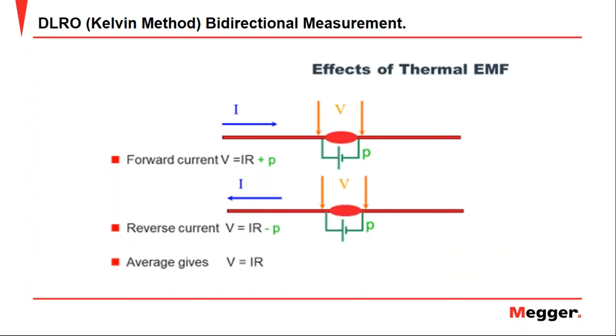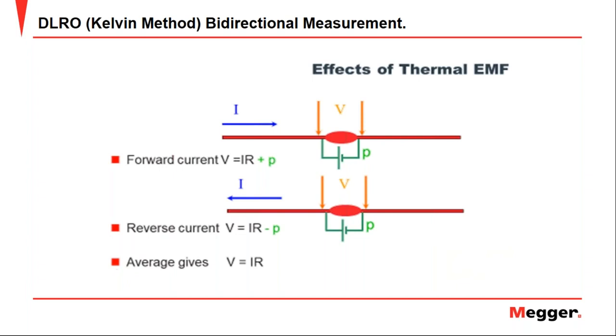We do this measurement when we want to eliminate the Seebeck or thermoelectric effect. The Seebeck effect is a phenomenon in which a temperature difference between two dissimilar electrical conductors or semiconductors produces a voltage difference between the two substances.